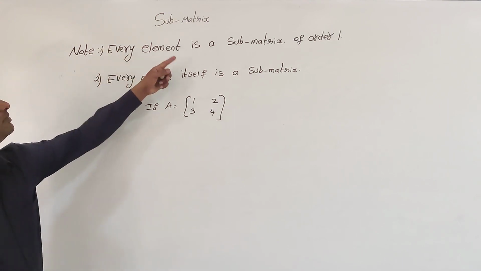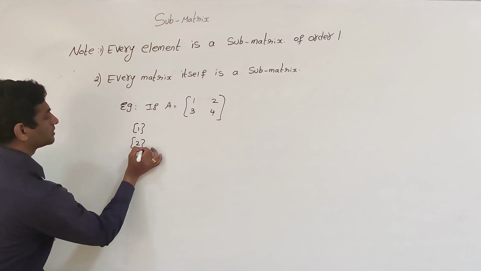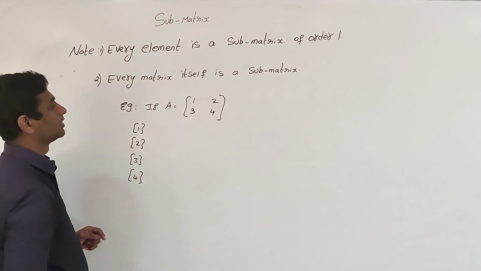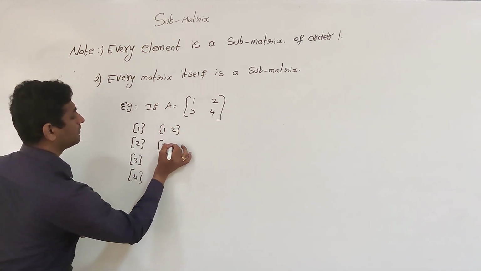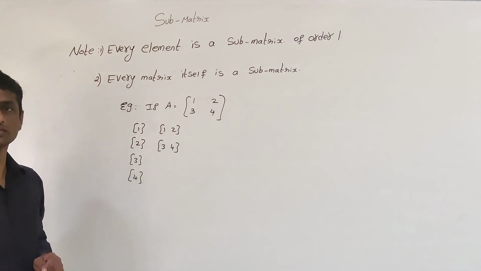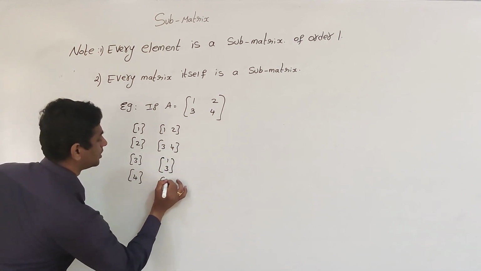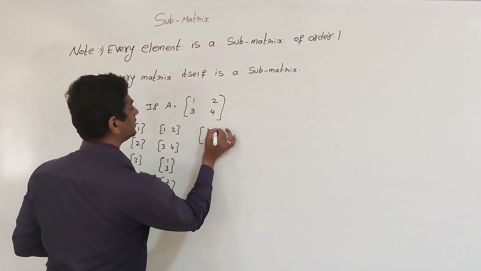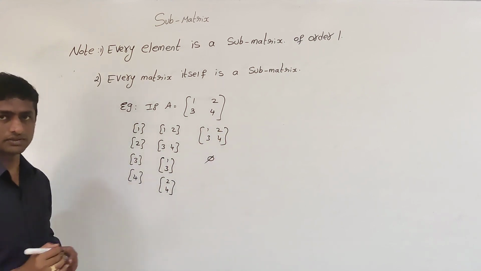As every element is a submatrix: singleton 1, 2, 3, 4. Next, 1 2 is a submatrix, 3 4 is a submatrix, 1 3 is a submatrix, 2 4 is a submatrix, and 1 2 3 4 is a submatrix, empty is a submatrix.